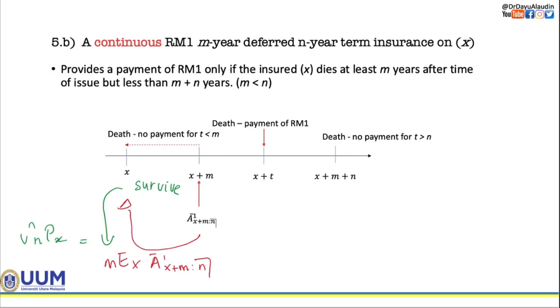It means that the insured must survive until X plus M years. We also can write this in terms of mEx, the pure endowment, whereby the insured must survive to get the benefit. So mEx is equal to v to the M, mPx.